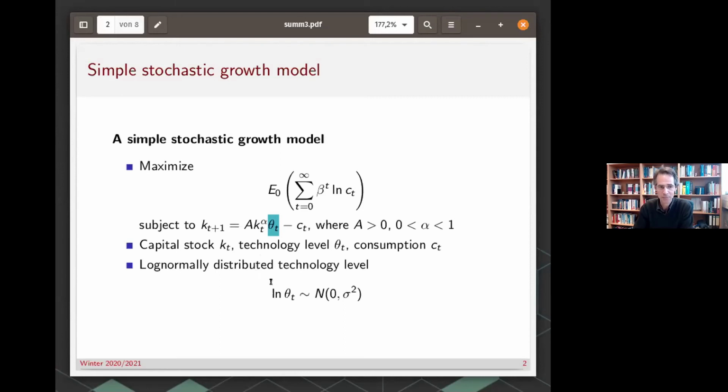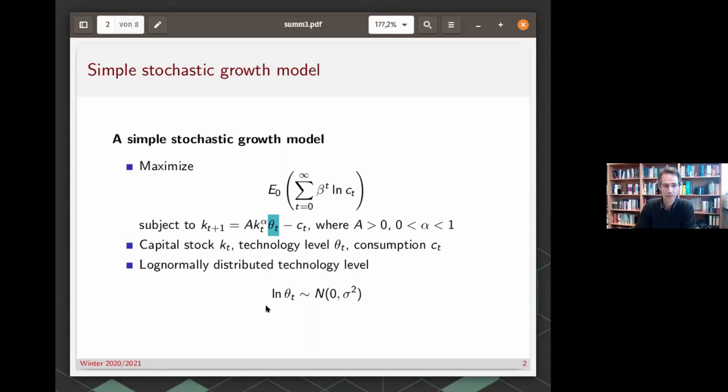And we assume that the technology level is an IID draw from a log normal distribution, which means that the logarithm of theta has a normal distribution, and we assume the expectation is 0 and there's some variance sigma squared. Of course, different assumptions about the randomness of the technology level would be possible. So for instance, here we could also assume that we have just 2 levels, high and low, or just a small number.